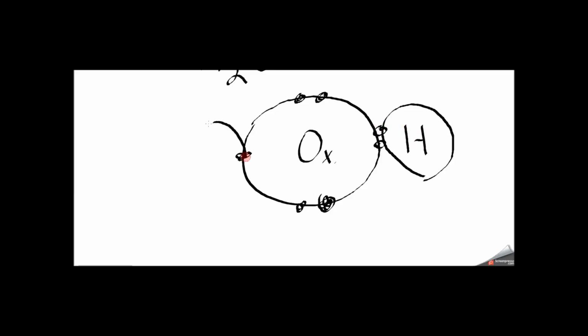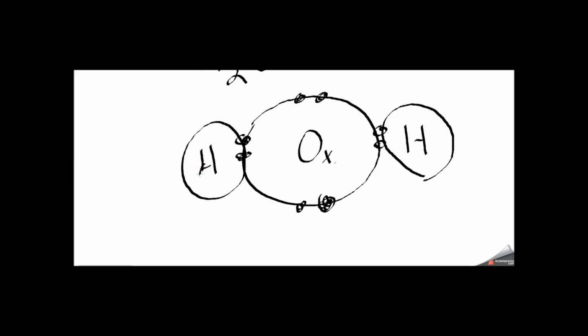Oxygen needs two more electrons, which it can get from the two hydrogens. Also know that this is a covalent bond rather than an ionic bond because the electrons are being shared between the hydrogen and the oxygen.